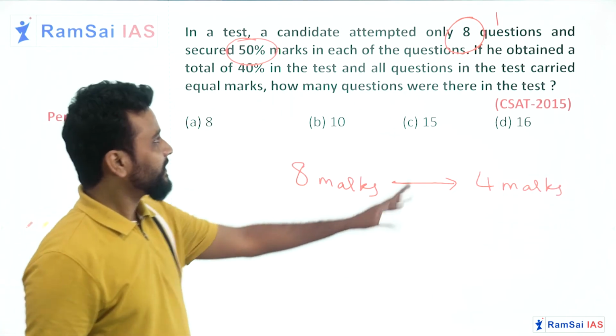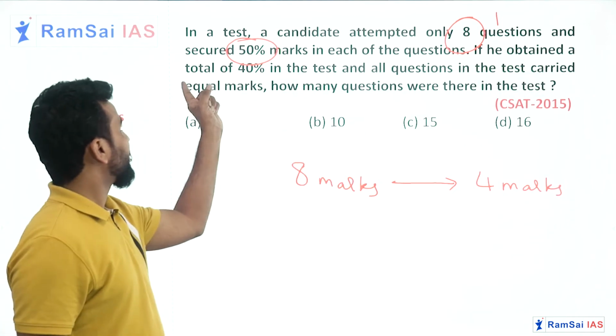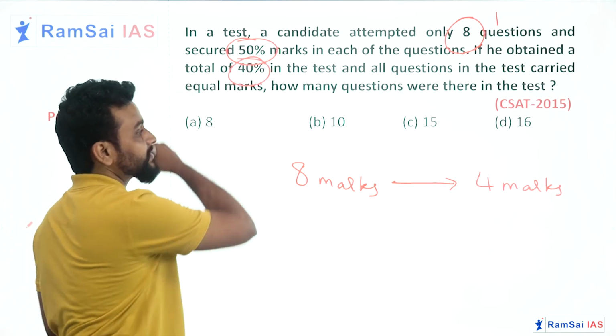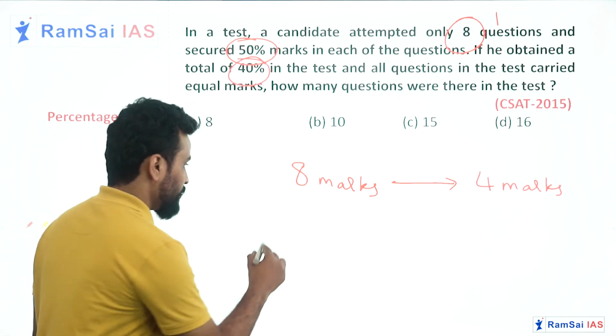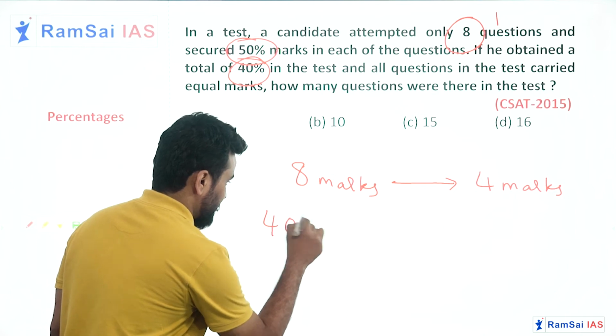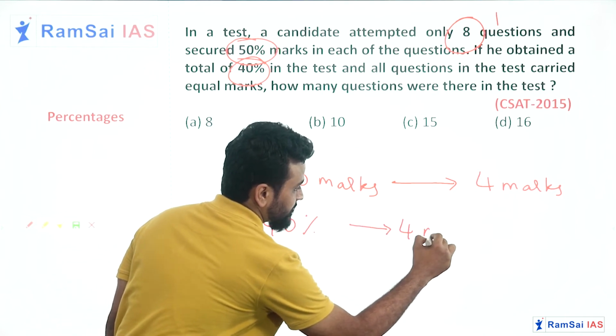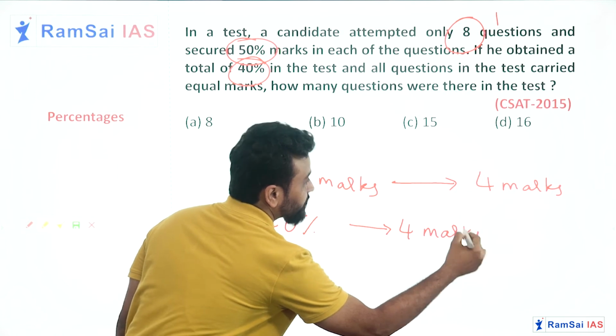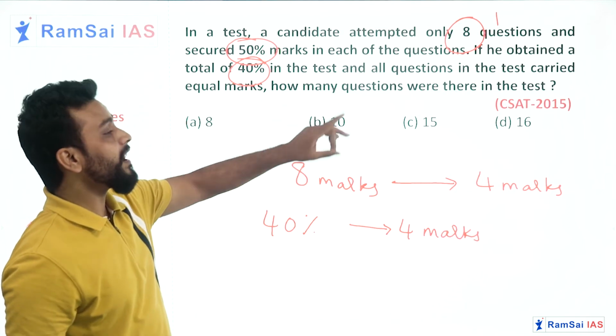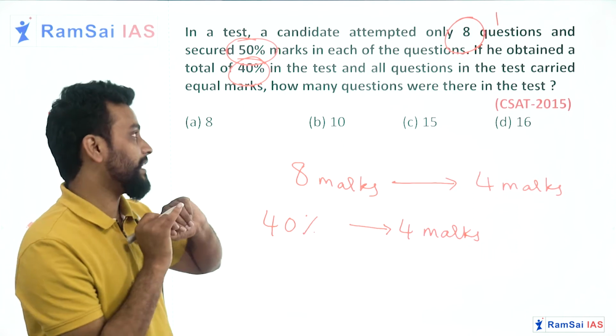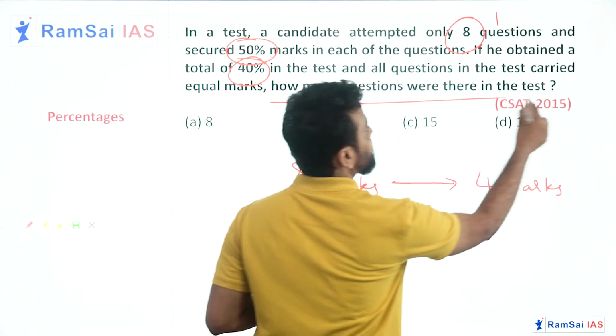And he obtained a total of 40%. So this 4 marks equal to 40%. Indirectly, 40% equal to 4 marks. Then what do we need to find out? If all questions carry equal marks, how many questions were there in the test?